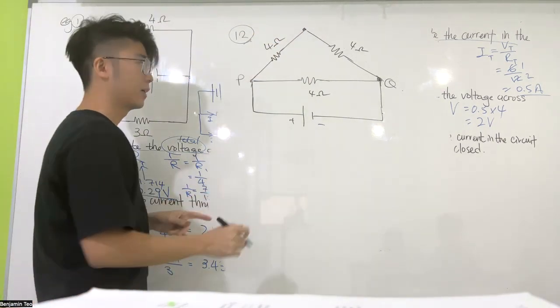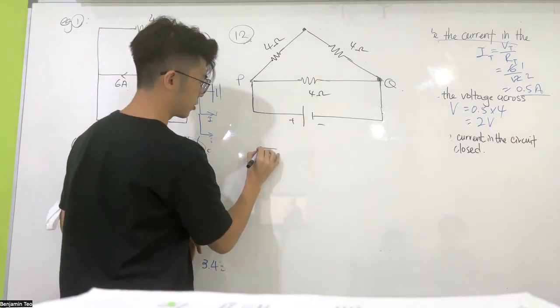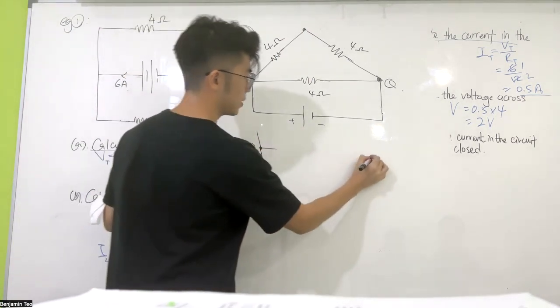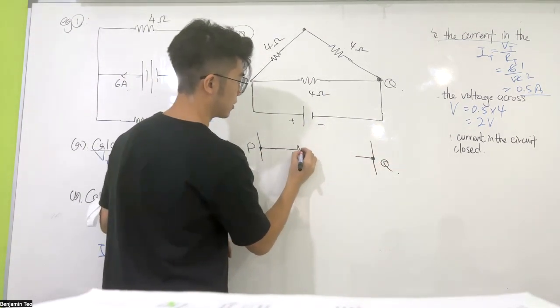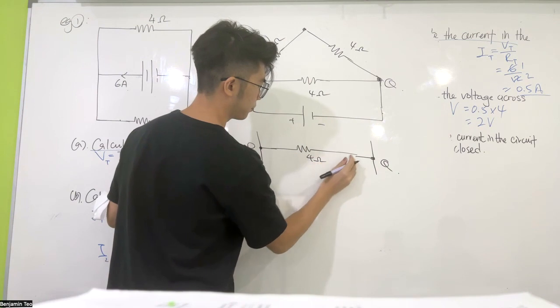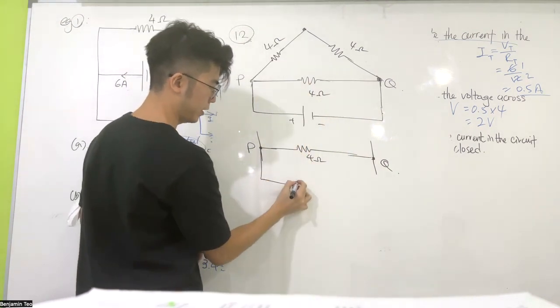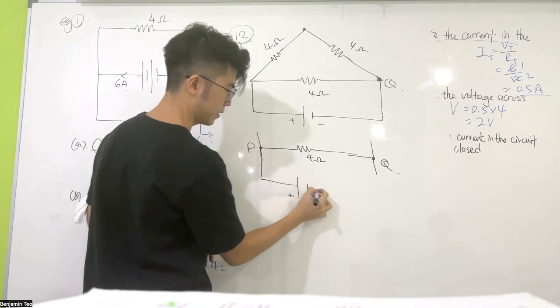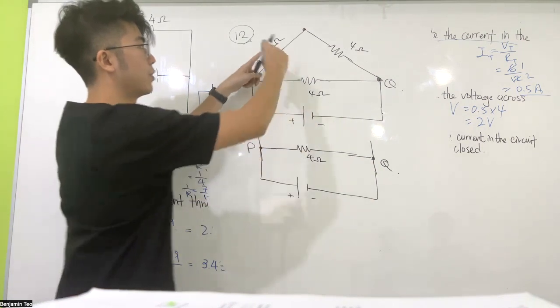That means I can rewrite my circuit like this. This is a T junction, P. This is a T junction, Q. Here is your resistor, 4 ohm. This is your battery, plus, minus. The 2 resistors are on the same wire.